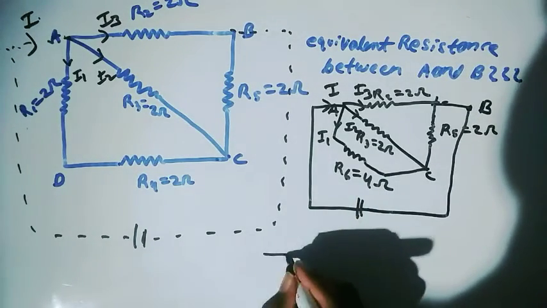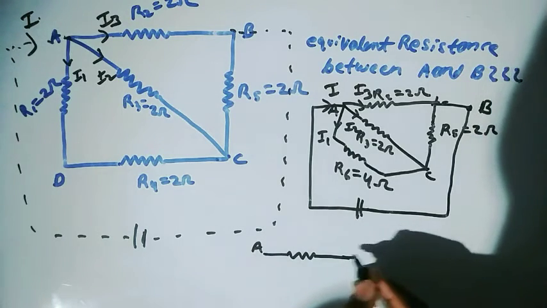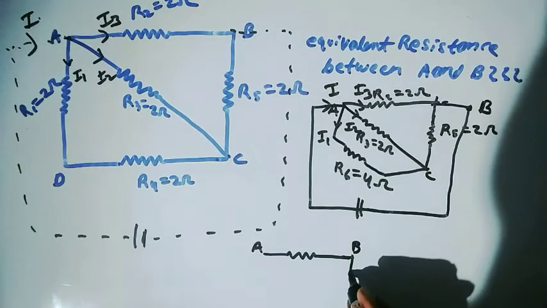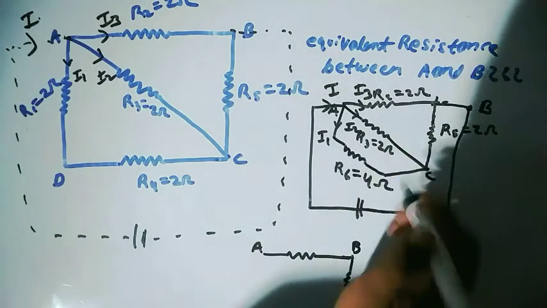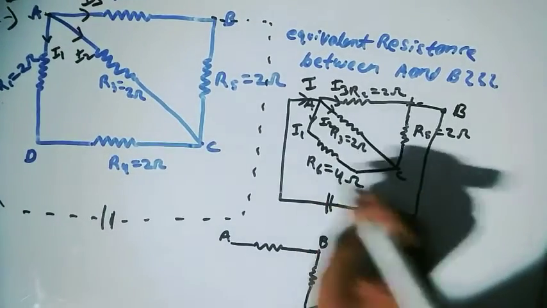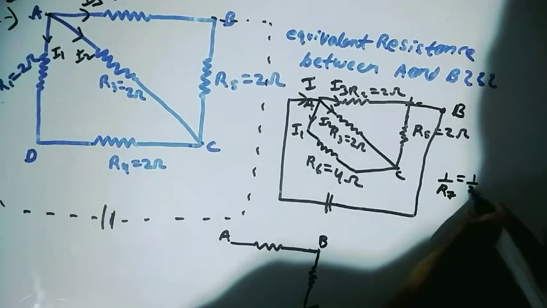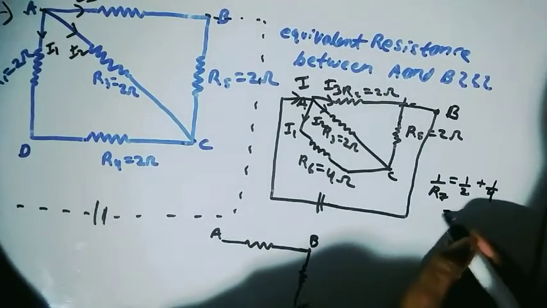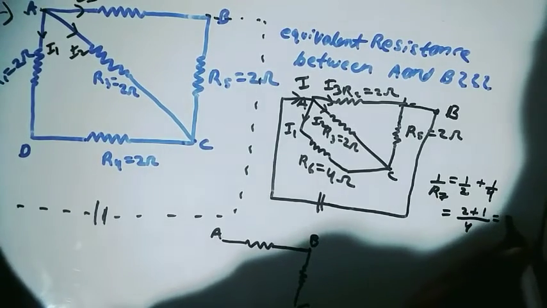So we have, this is our point A, this is B, and then this is C, and the combination of these two. See, if I call the combination of R3 and R6 as R7, then 1 by R7 is equal to 1 by 2 plus 1 by 4, which is 2 plus 1, which is 3 by 4.